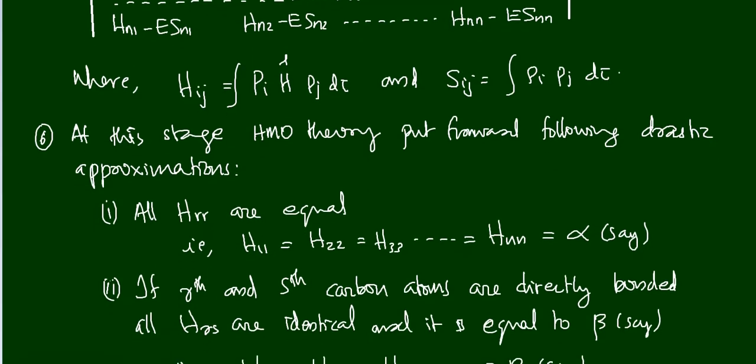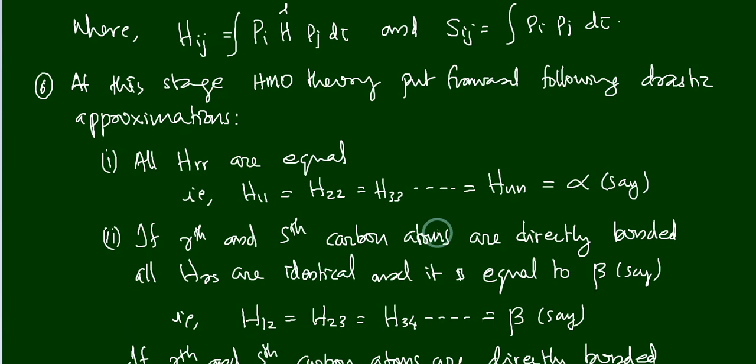Okay, these approximations are: all HRR are equal. All HRR are equal means H11 is equal to H22, and that is again equal to H33, and that is again equal to HNN. Okay, so 1 1, 2 2, 3 3 etc. So all HRRs are equal, and let's say it's equal to alpha.